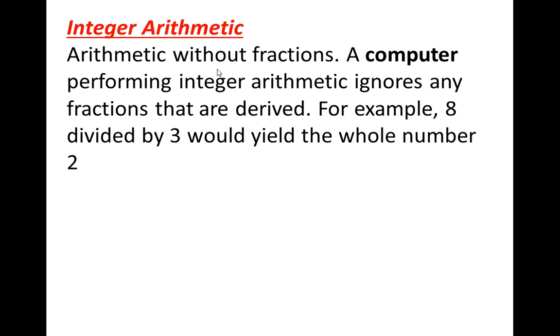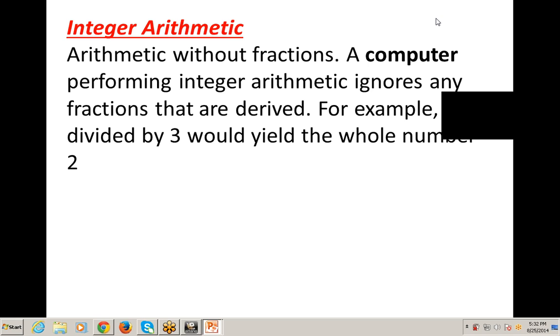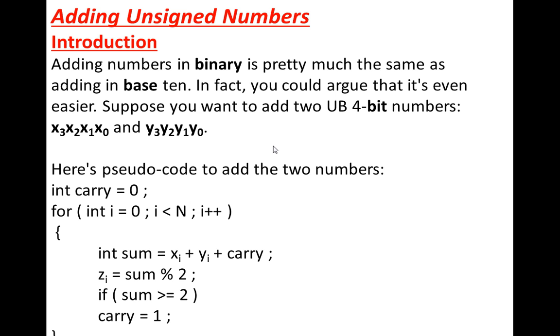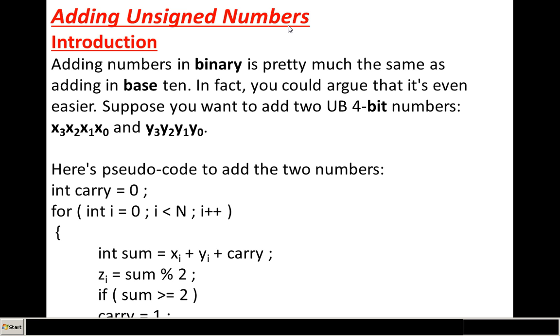So when I divide 8 by 3, 3 times 2 is 6, so the remainder is 2, but the output is 2 only, the whole number. That is integer arithmetic. In simple terms, whenever we perform operations on values and only discrete values without decimals come, that is known as integer arithmetic.